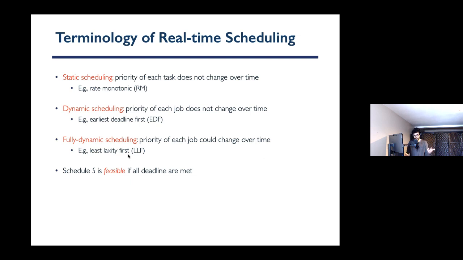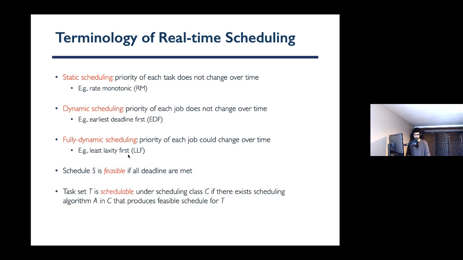So if I give you a schedule, and in that schedule one task misses its deadline, then that schedule is not feasible. Let's say I have one task that has a deadline of 6, but in the schedule I give you, that task finishes at time 8. That means this task is missing its deadline, so it's not feasible.